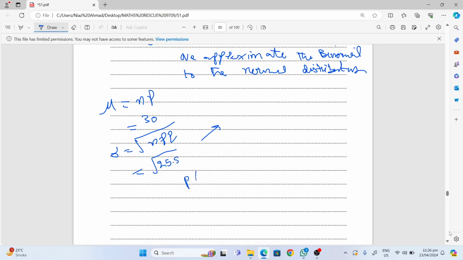So the probability of x greater than 40 is equal to the probability of x greater than 40.5. If it is more than, so you can say the probability of z that is greater than 40.5 minus 30 over 25.5.